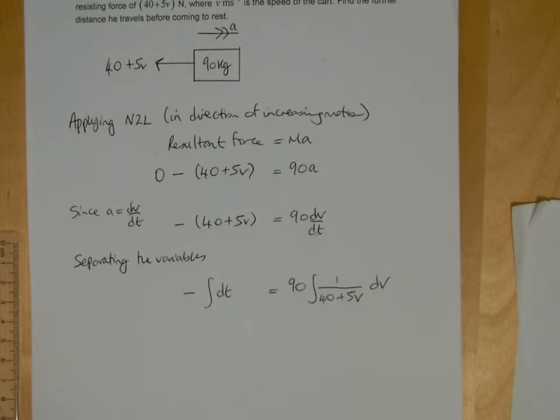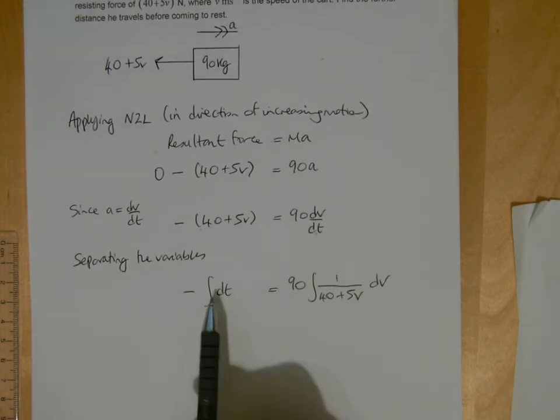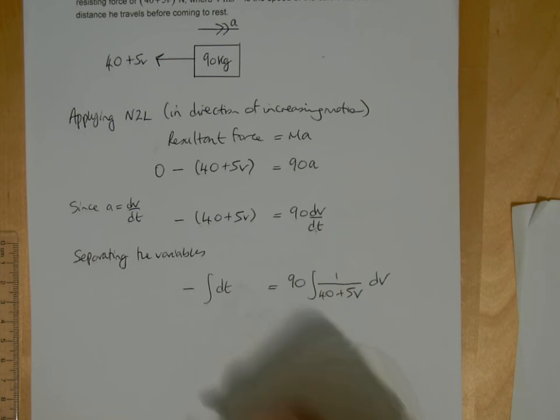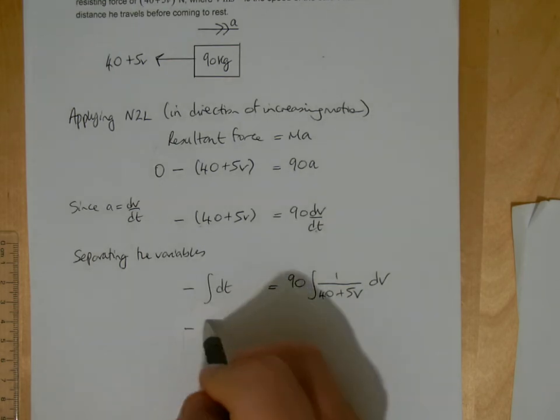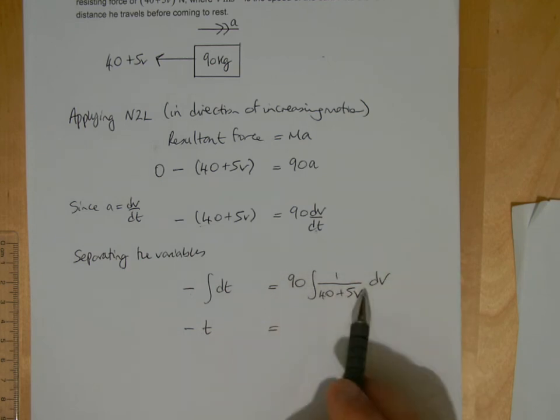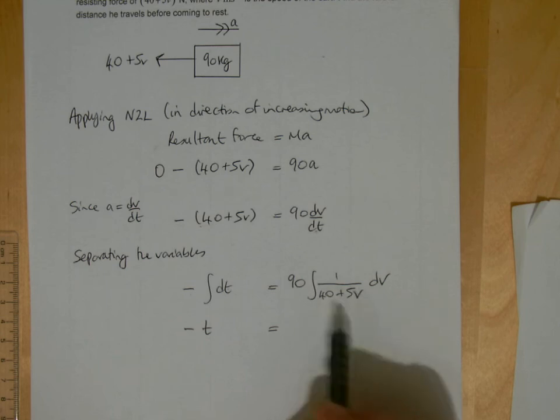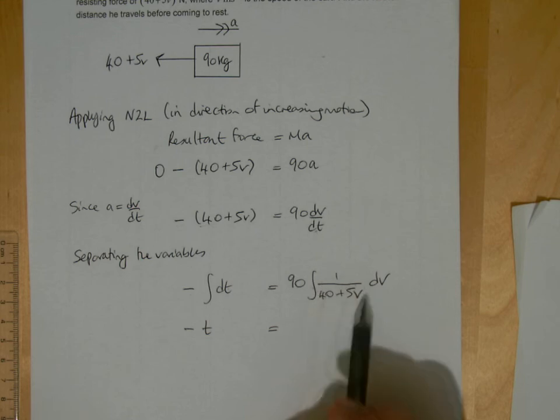I can then go about integrating this. Now, of course, we've got 1 dt there, so when I integrate 1 with respect to t, I just get t. And there's a minus there, so minus t. On this side, you need to appreciate it's linear on the bottom, so we can use ln. It'll be ln when you integrate. But you've got to remember the method of integration for ln: when you differentiate the bottom, you need to get the top.